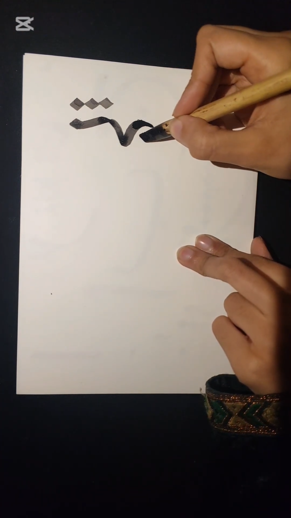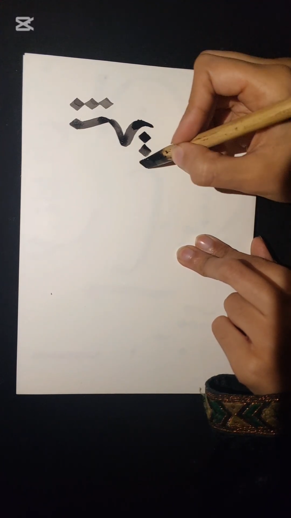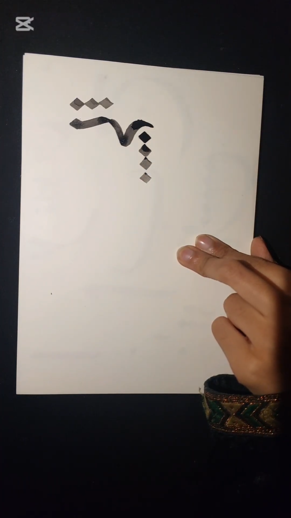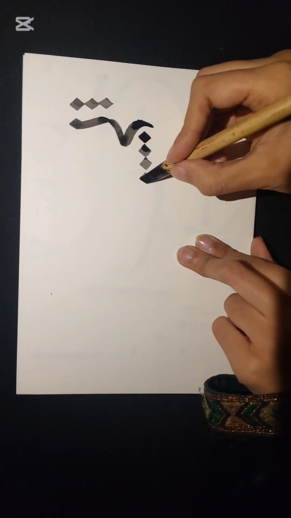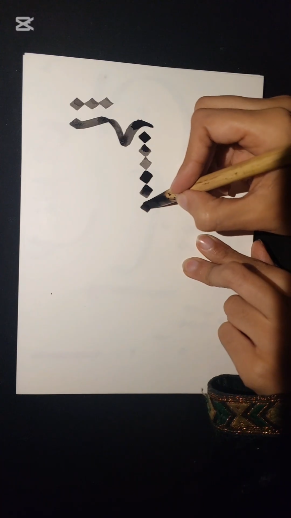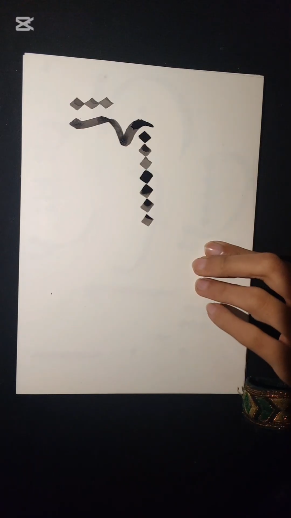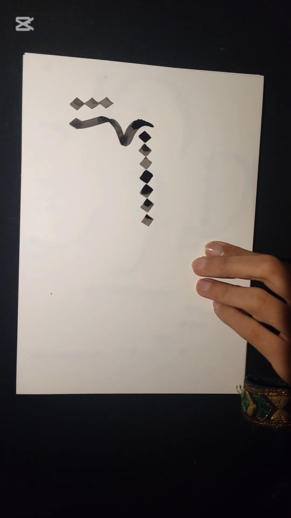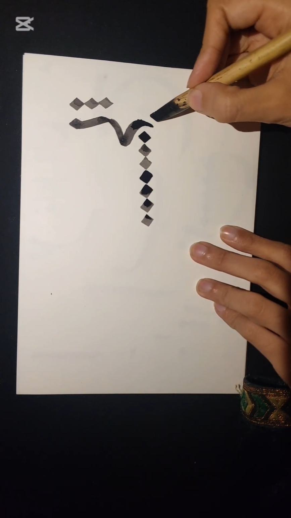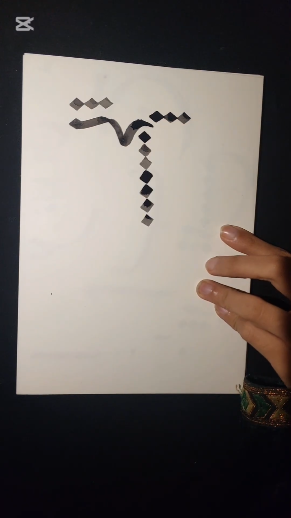So here we're gonna make 7 dots. 1, 2, 3, 4, 5, 6 and 7. And the vertical measurement from here is 3 dots. Here you will make 3 vertical dots from here, yeah, like this.